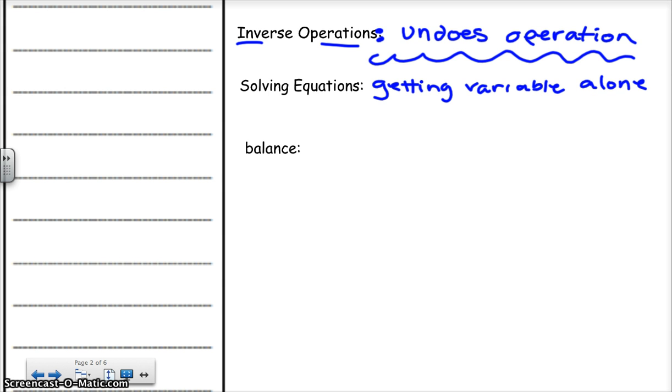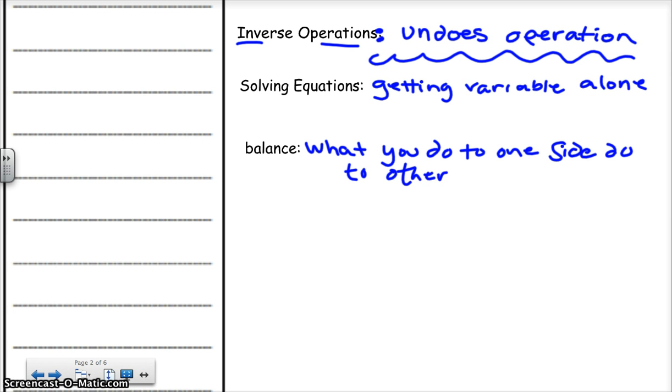If you do things to both sides of an equal sign, you can do whatever you want to any expression. So balance means what you do to one side, you do to the other. That is the most important information for solving algebraic equations.